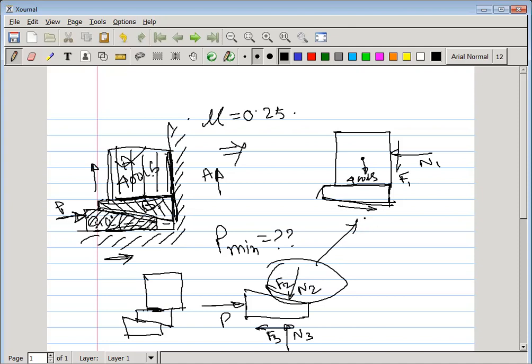So this is F and this is N2. Is it clear up to this? Anyone have any question? This is the free body diagram for block C, this is block B, this is block A. You can ask.